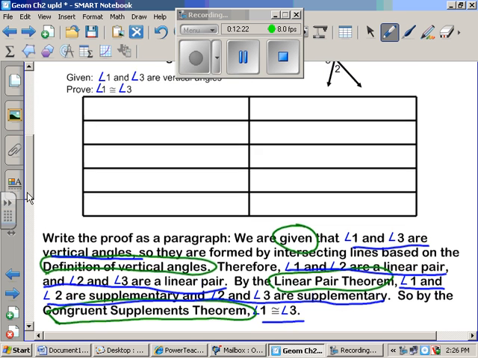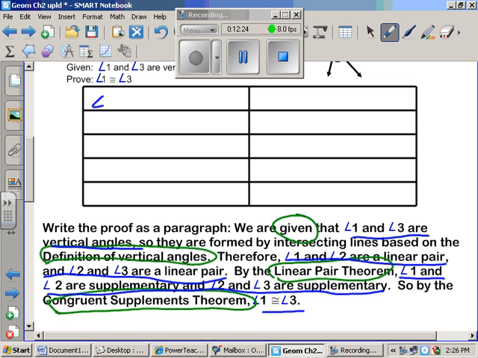Okay? So we would start by saying angle 1 and angle 3 are vertical angles. Okay? By what? Why? Why are they vertical angles? Given. Good. Okay? What's the next statement?